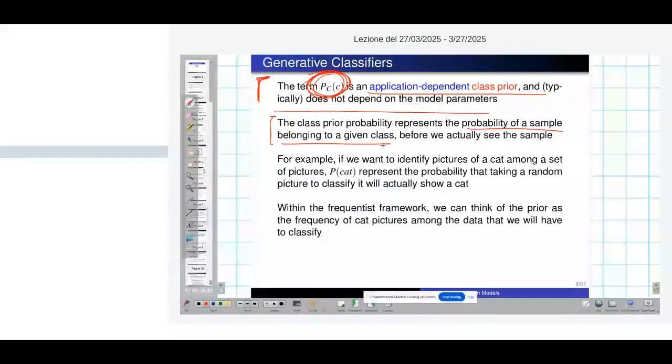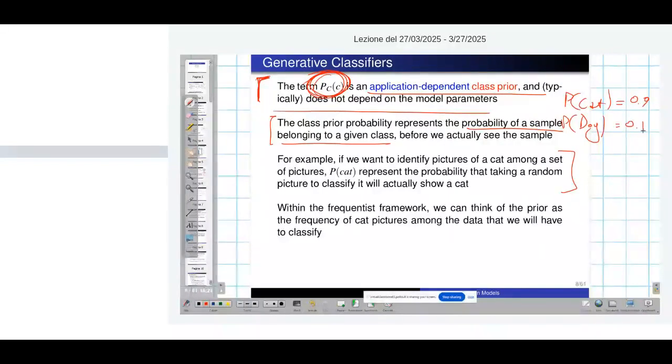Let's say that I take a picture and I want to label it as a cat or a dog, but I don't look at the picture. So how can I answer? Well, for example, if you know that I like cats, then you can say that without even looking at the picture, there is 90% probability that I'm taking picture of cats, because usually I don't take picture of dogs.